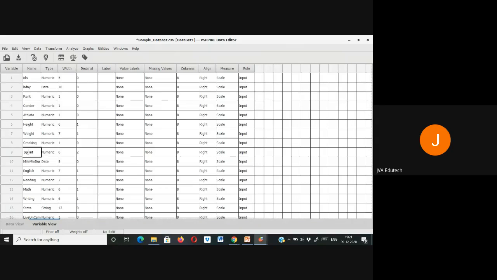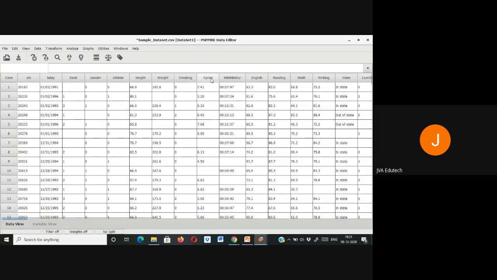So in our given dataset, there is a variable called sprint. It is the respondent time in seconds to sprint a given distance. You can see here sprint. And then we have a group known as smokers.